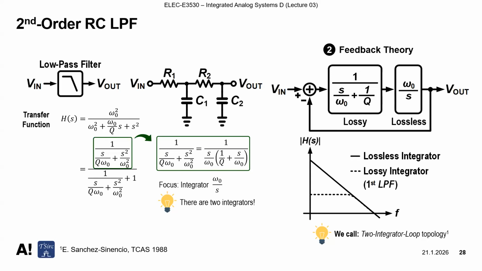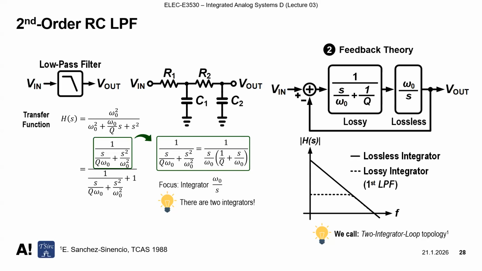And for the other part, we call this one a lossy integrator, because even if we take s equal to 0 here, the magnitude is just equal to Q. It doesn't go to infinity for the transfer function magnitude. So we are losing something, and we call it a lossy integrator.